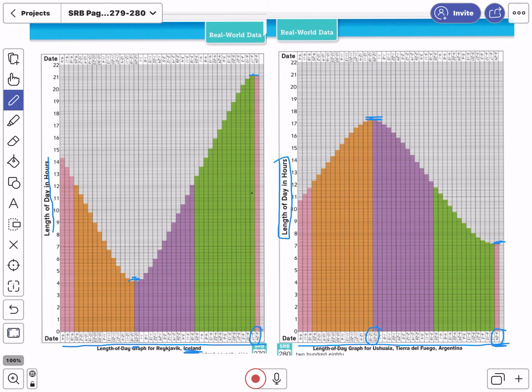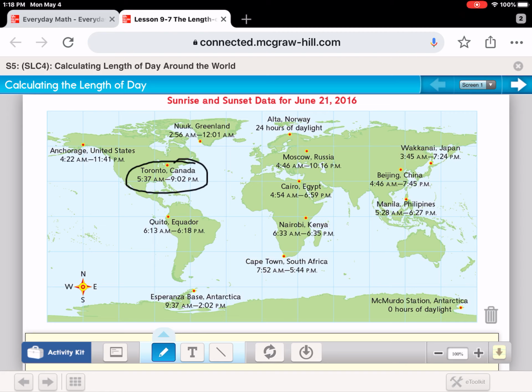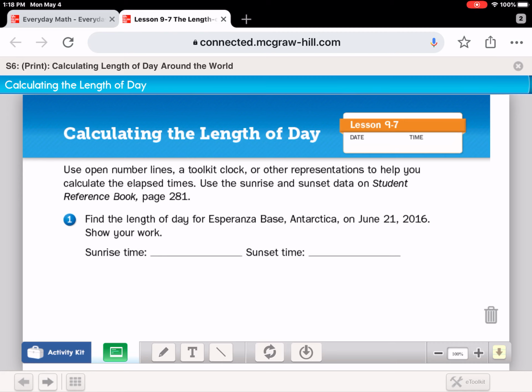If you took, for example, Toronto, Canada, you can see that on that day, on June 21st, 2016, the sun rose at 5:37 a.m. and the sun set at 9:02 p.m. Or if you looked at Manila in the Philippines, you can see on that day the sun rose at 5:28 and the sun set at 6:27. You're going to use this map to answer questions on journal page 291.